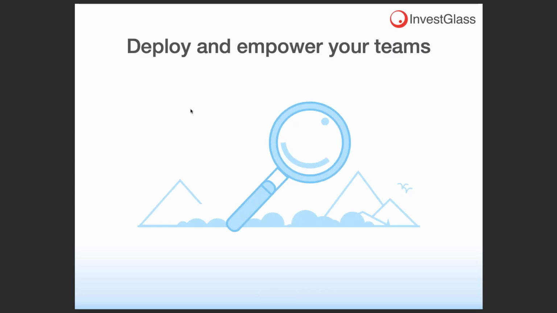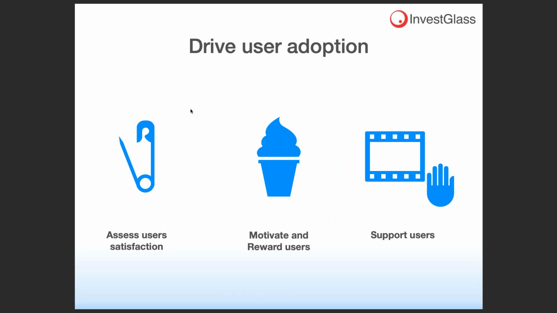Then you start deploying and empower your teams. It's very important when you start a new solution that you do 3 things. First, assess your team satisfaction. Because if they are frustrated, it doesn't mean that Investlast is a bad tool. It doesn't mean that the fintech or the third-party application you put in is a bad tool.